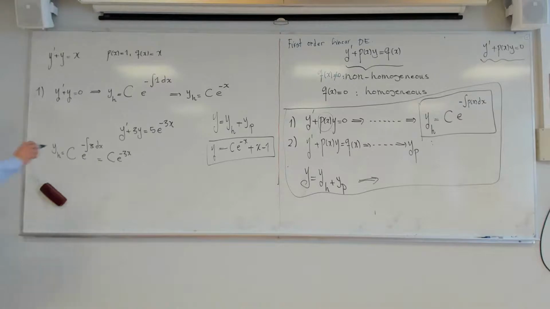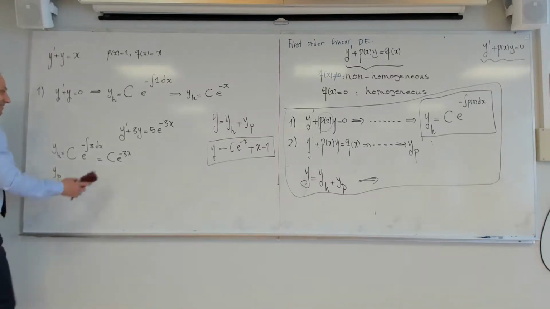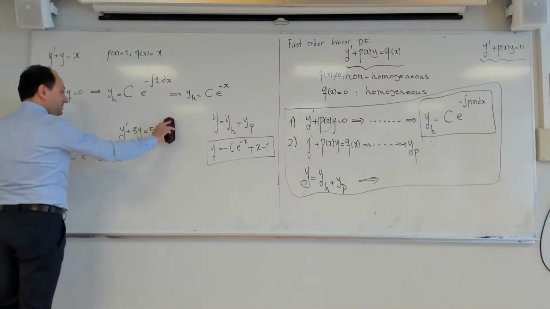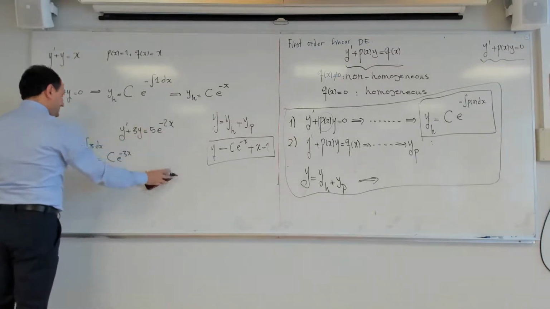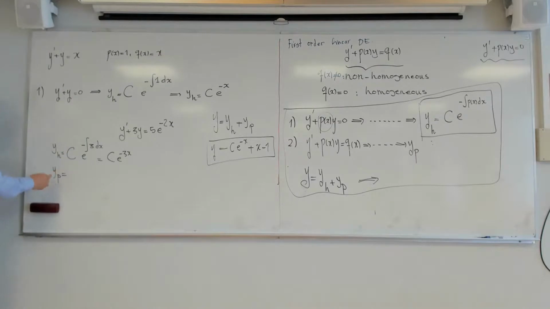But I need to guess something for this integral. So that is the most unlucky example that I brought. Let me make it -2. Okay. Yes. So yp. What do I guess?